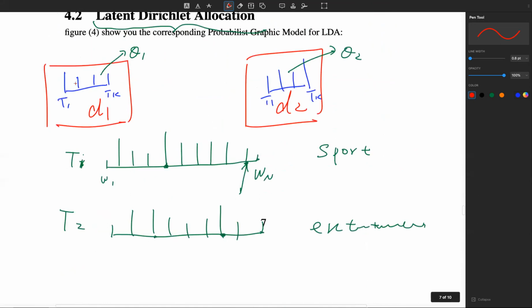Remember this. For document D1, we have theta1, which is the distribution of topics. So Z11 and all the Zs, they should be distributed from what?